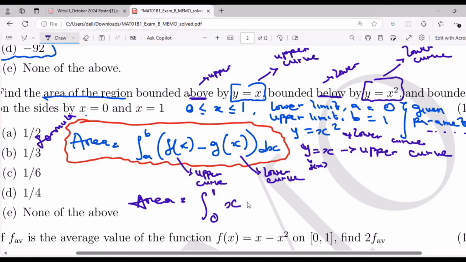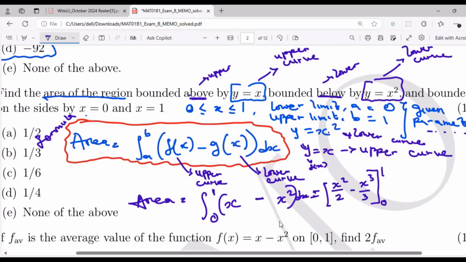So our f of x, the upper curve, x, minus our lower curve, which is x squared. Do you get? So now if we integrate this, it will give you x squared over 2 minus x cubed over 3, and we still have our lower and upper limit.